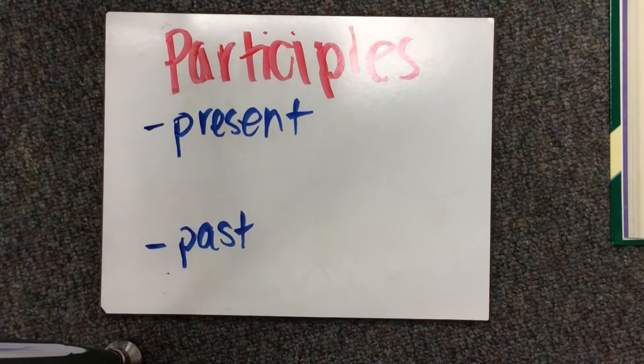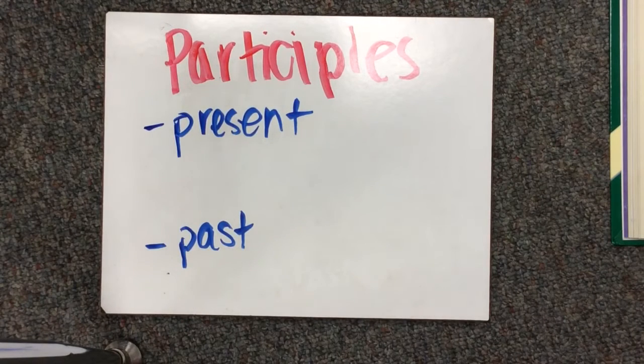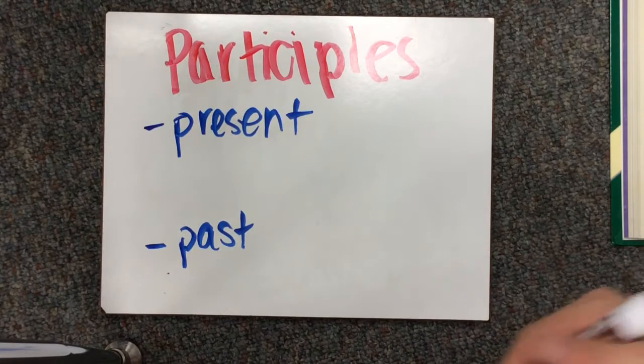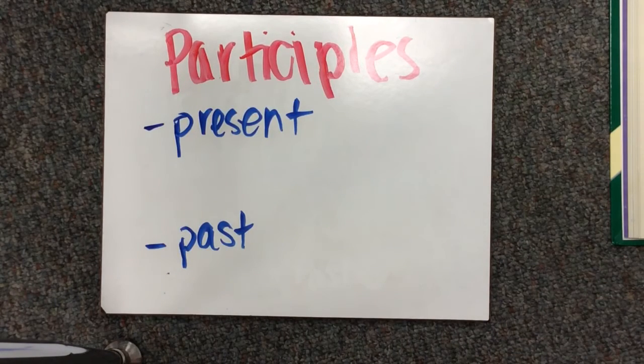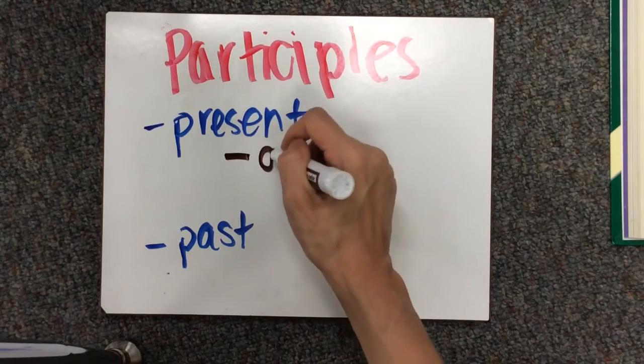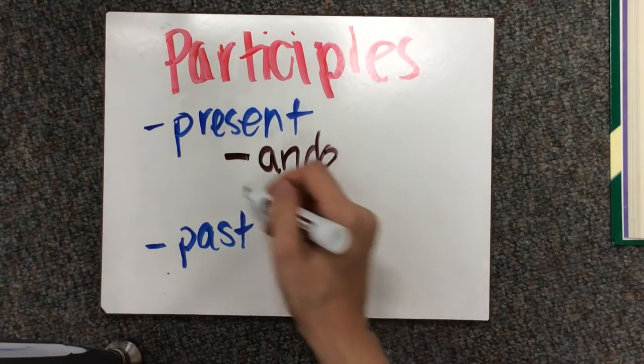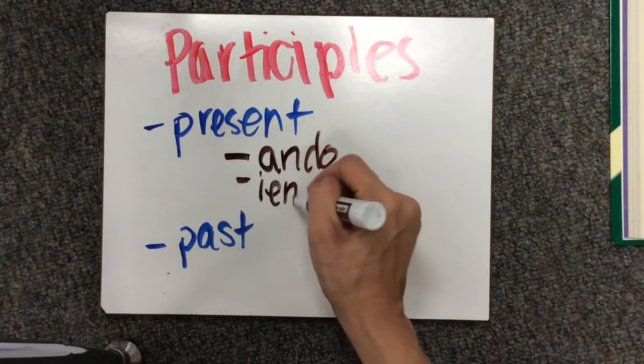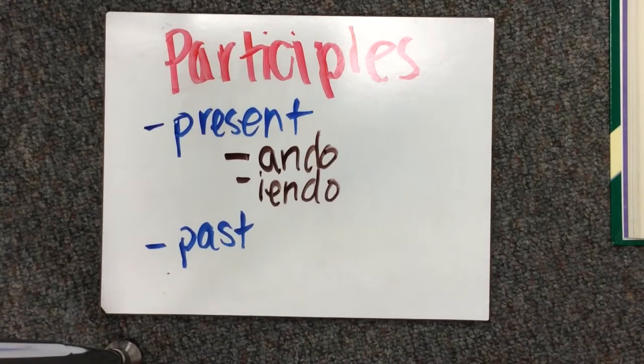So just to recap about participles, we've talked about present participles since Spanish 1. Those are the ones that you use to talk about what you are currently doing, and we kind of equate them to ing words. These use ando for AR verbs and yendo for ER-IR verbs.